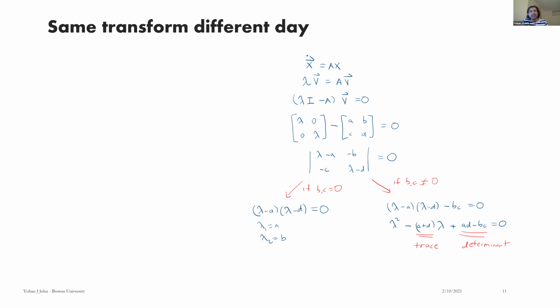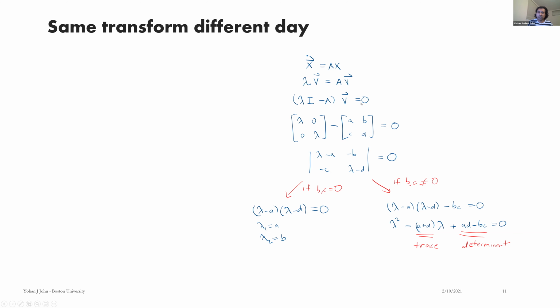Let there be a vector v that does what we just said, which is after we apply the matrix A, the result is just some scaling by lambda. And otherwise v stays the same.